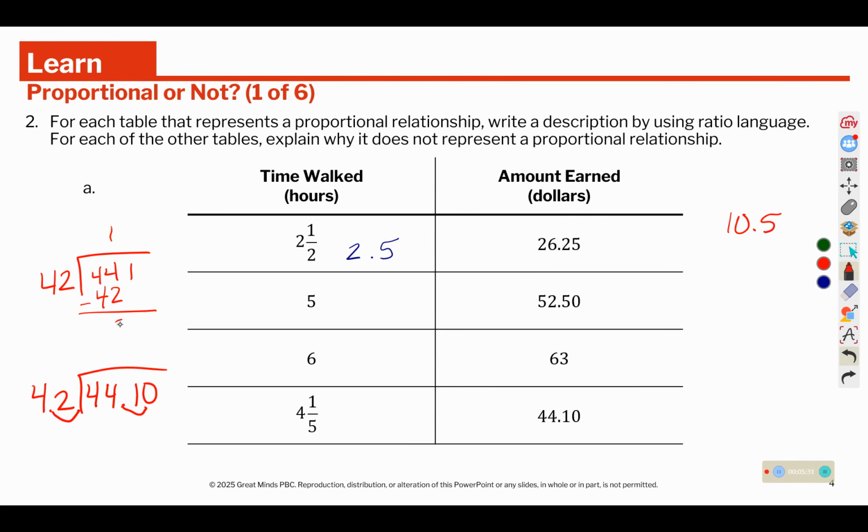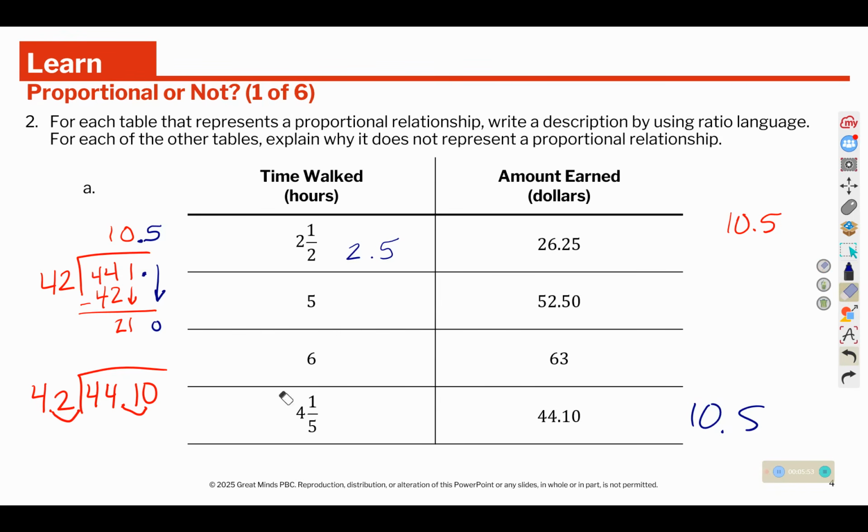If we subtract, that gives us 2. 42 does not fit into 21, so we put the 0. The decimal is now here. And we'll bring down another 0. And 42 fits into 210 5 times. So this one does have a constant unit rate.